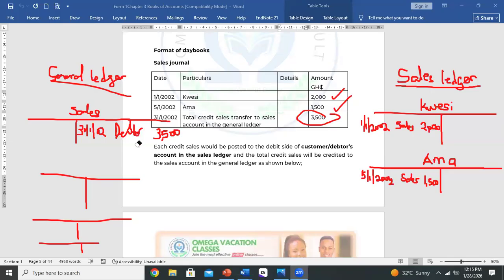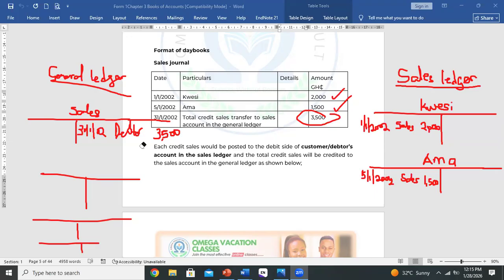Okay, so when you sell goods to your debtors, what entry do you make in your sales account? It's a credit sale, right? So for example, if you sold goods to Kwesi for 2,000, you debit Kwesi and you credit who? Sales account. That's why we are crediting the sales account.